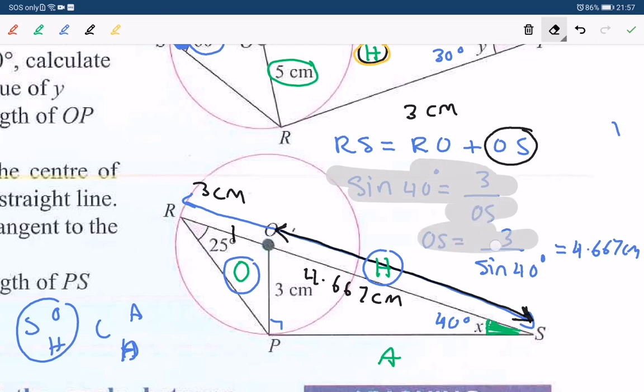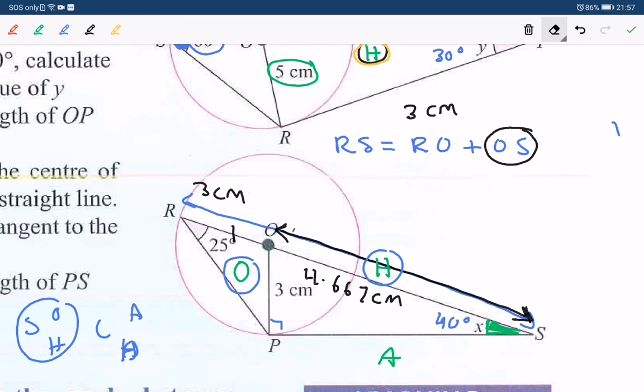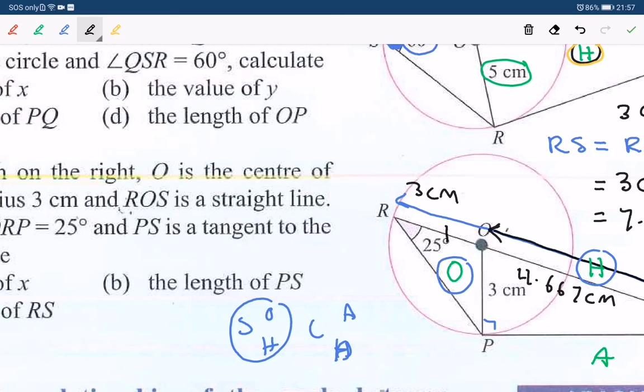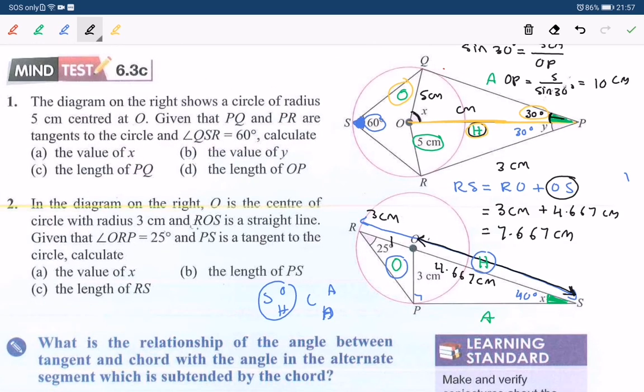RO is 3 cm, plus OS, 4.667 cm. Then the total would be 7.667 cm. Okay, done. Finished with these questions.